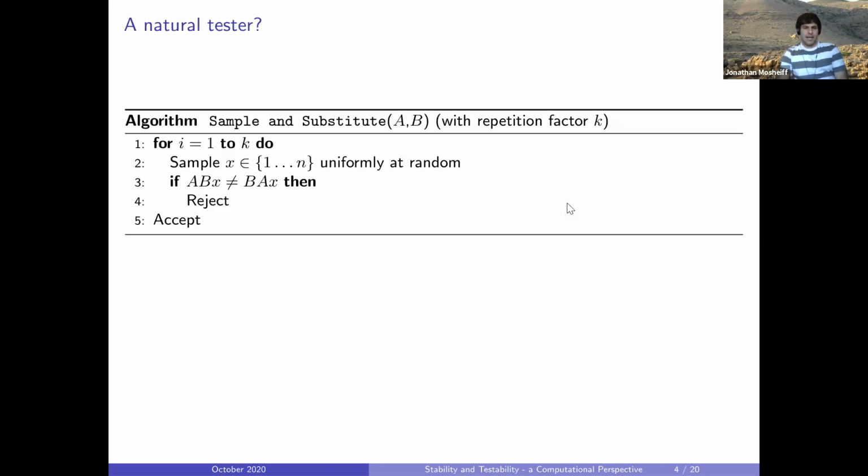Now, if I just gave you this question, I guess the first algorithm that would come to your head, or probably just did for some of you, would be the following. What can we do with a constant number of queries?